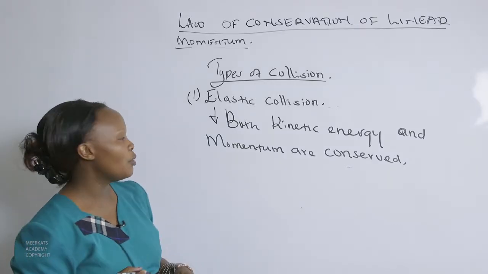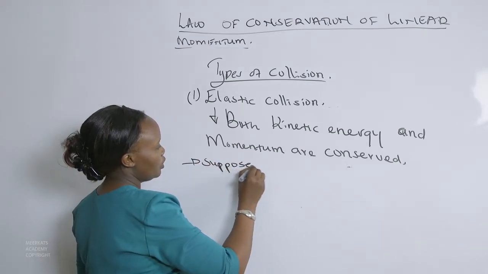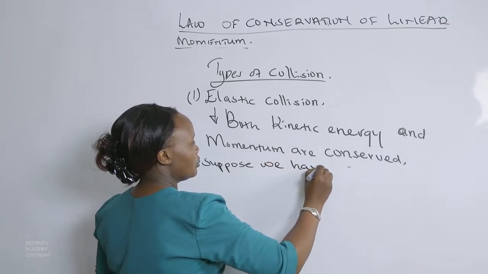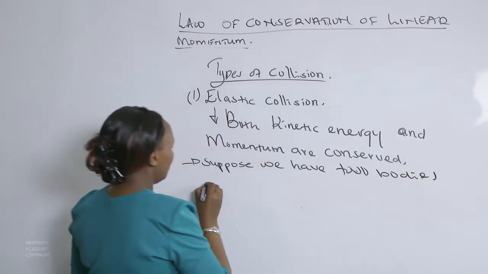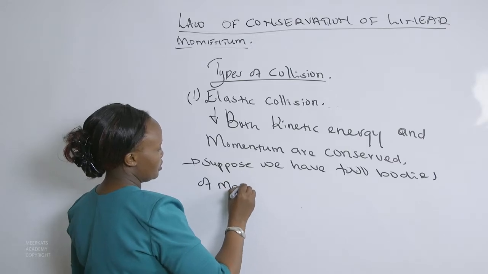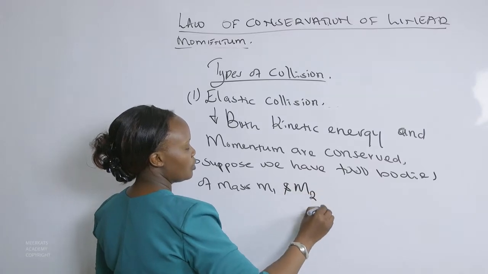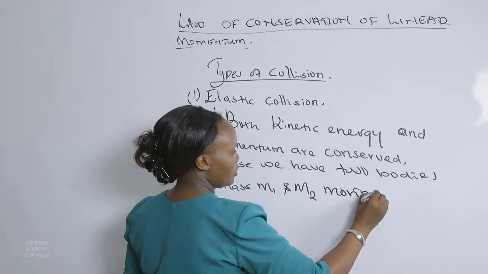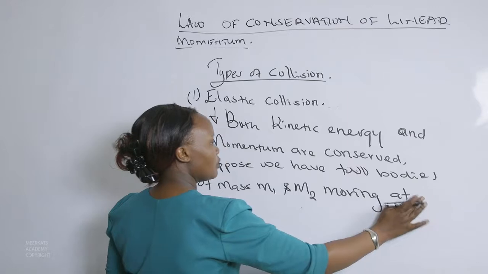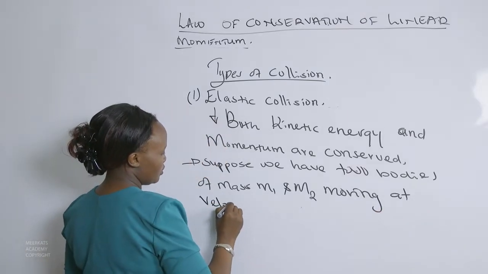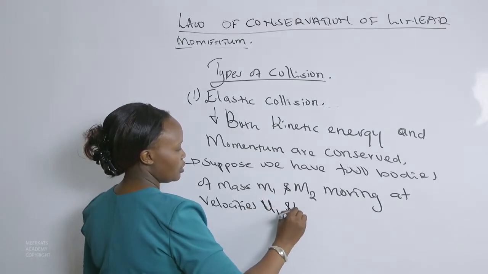Now, suppose we have 2 bodies of mass m1 and m2 moving at velocities u1 and u2.